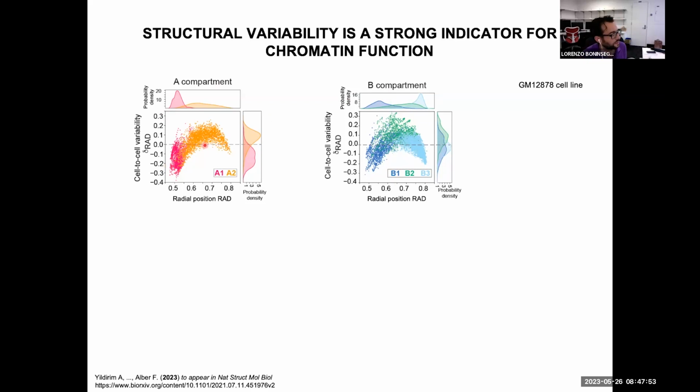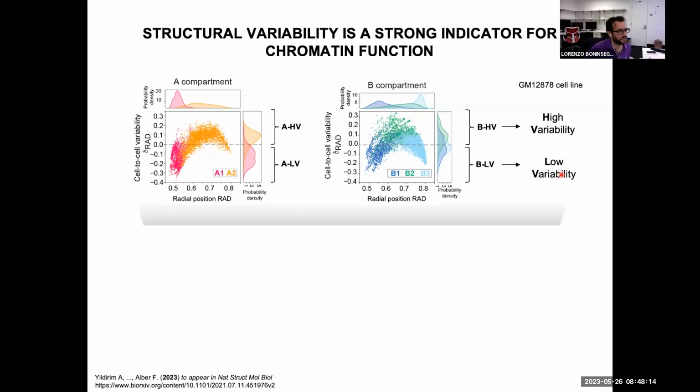And the loci are colored by subcompartment assignment. So based on the cell-to-cell variability of those loci, we can define 4 chromatin classes, A and B, with either high variability or low variability.